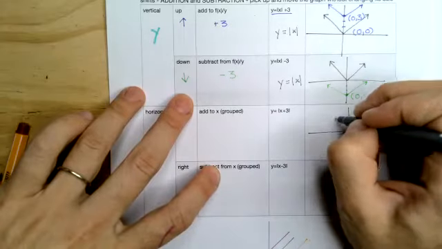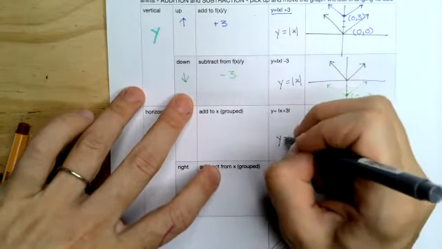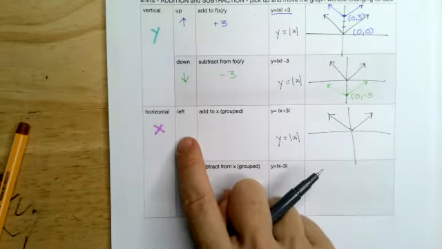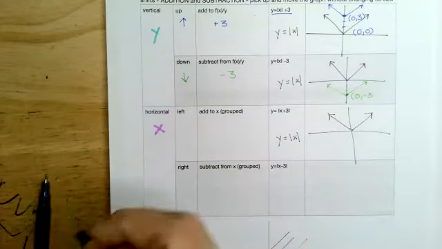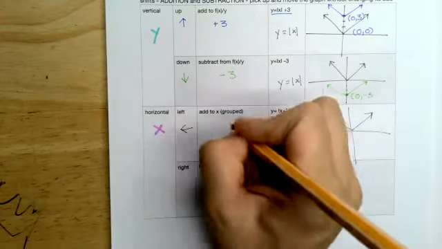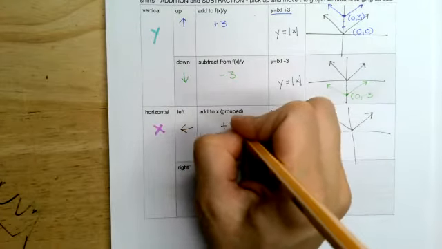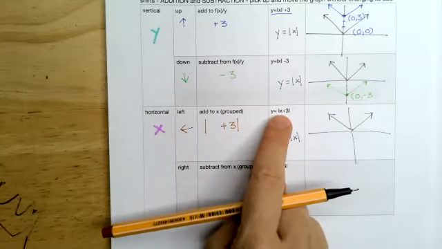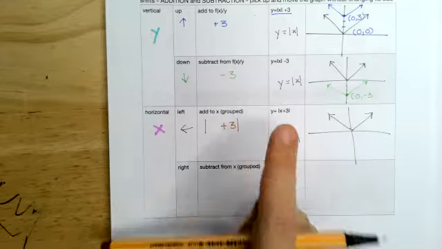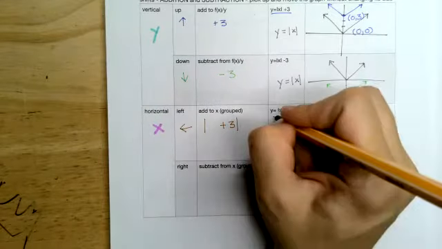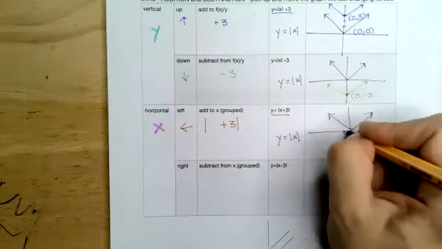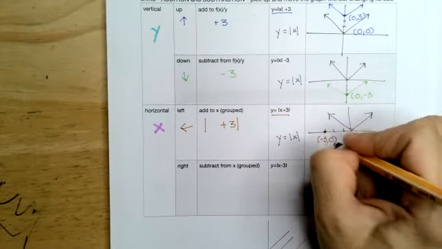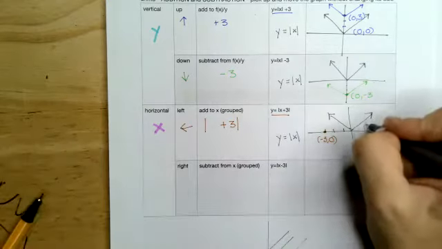So again, we still have the absolute value of x as our base. We're going to move it left. We're still going to add 3, but it's going to be inside. It's going to be right next to the x inside the grouping symbols. Okay. So we're going from 0, 0 to -3, 0.